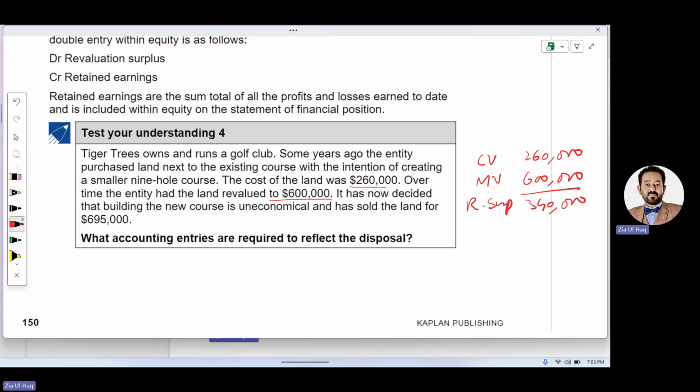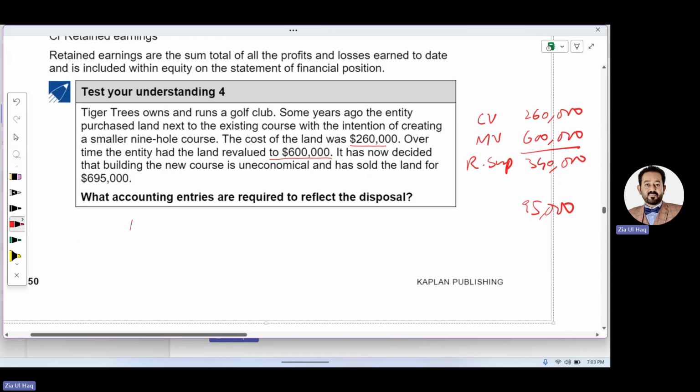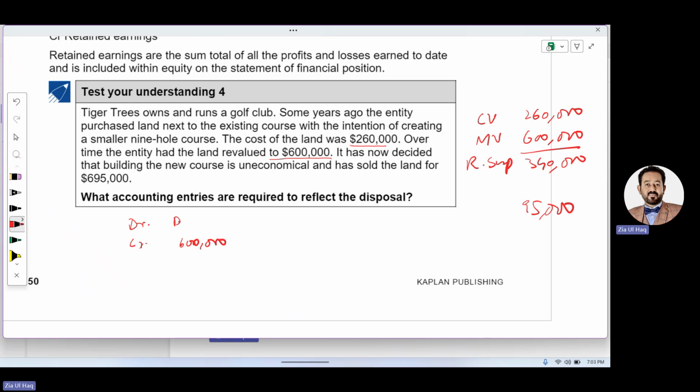If they are selling for 695,000, then the 95,000 is the gain on disposal. What accounting entries are required to reflect the disposal? The asset will be gone with the 600,000, and disposal will be credited with the 600,000.